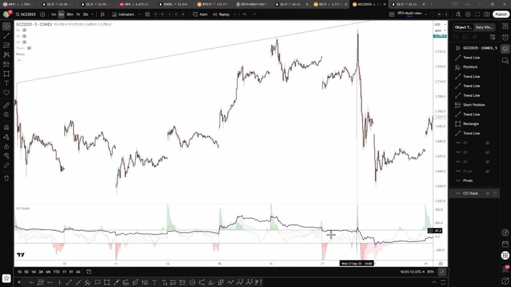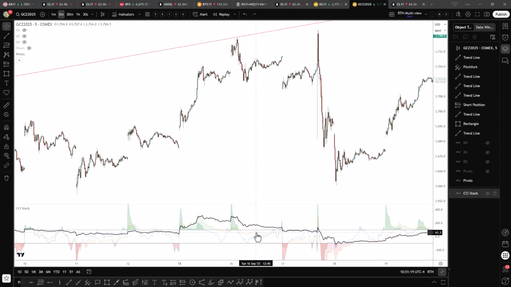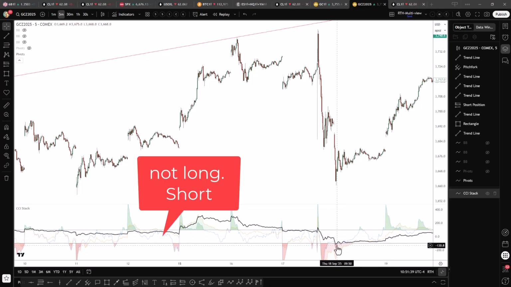The way that we use this black line: if price comes up towards the line and the indicator is showing above like this, then that is a very strong situation to go long. It's the opposite as well.